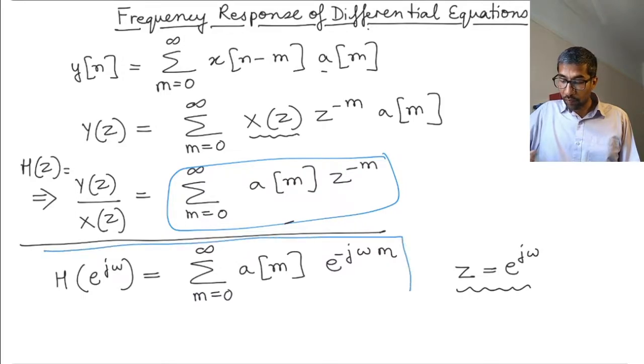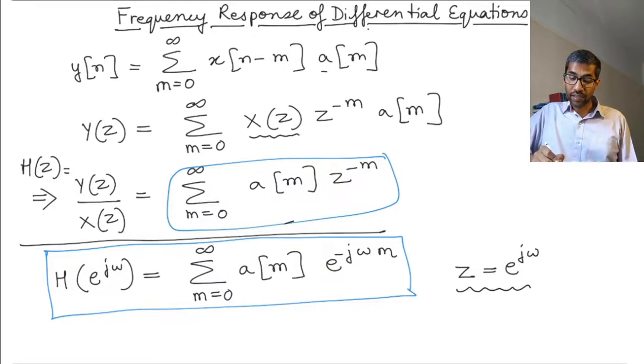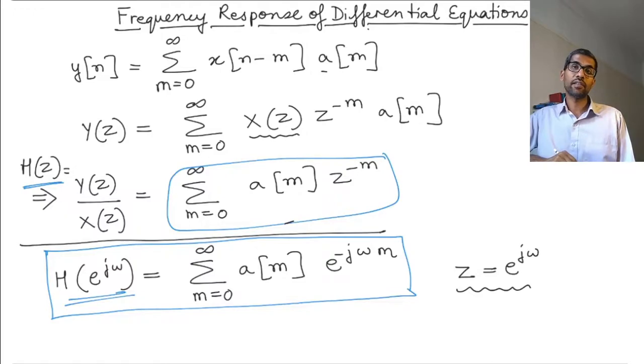So for our particular system H(z), we get our frequency domain representation like this, and this gives you how the frequency domain of the system would look.